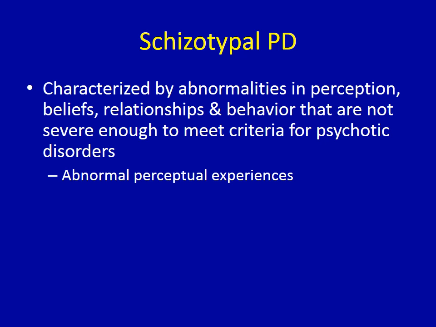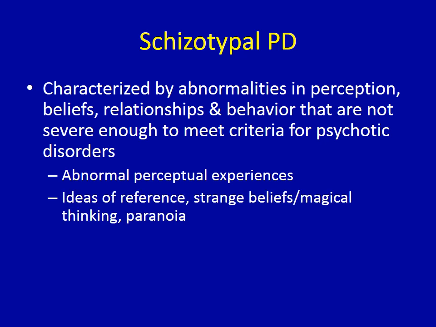They're not clearly seeing things that are not there. Another kind of abnormal perceptual experience that a person might have is that they might see things in patterns that other people don't see. So for example, if they're looking at a pattern of fabric or wallpaper, they might see faces that other people don't see. So these are unusual perceptual experiences, but not necessarily full hallucinations.